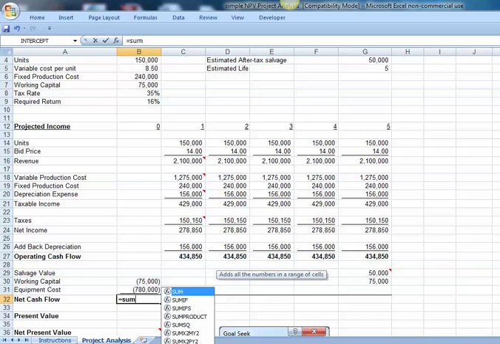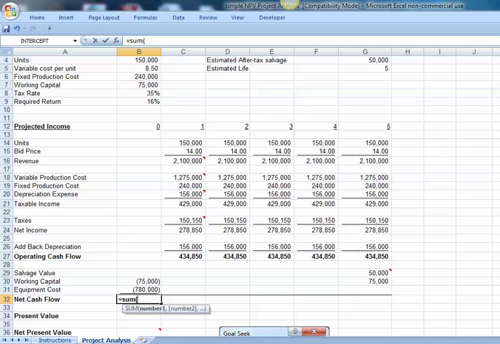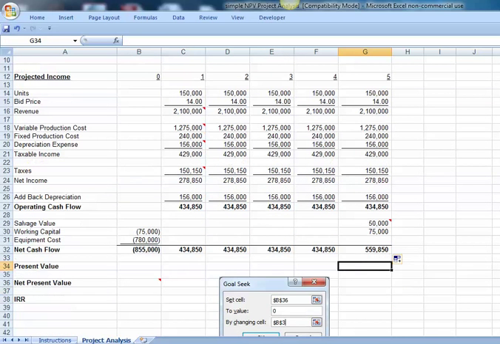Equals sum. And I'm going to highlight rows 27 through 31 so I can have a formula that I can copy across to all of my years. Now that I've estimated my cash flows for each year, I simply need to find the present value of them.